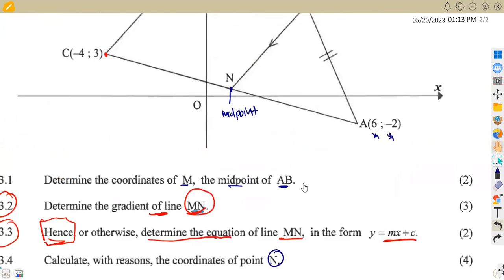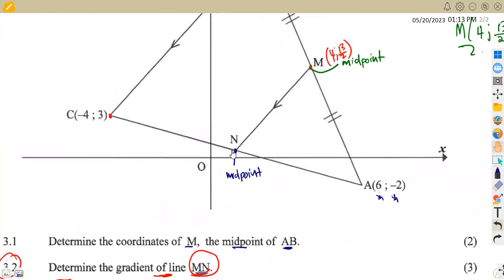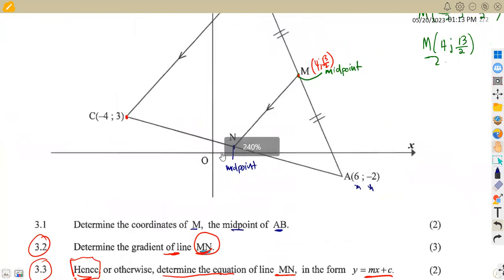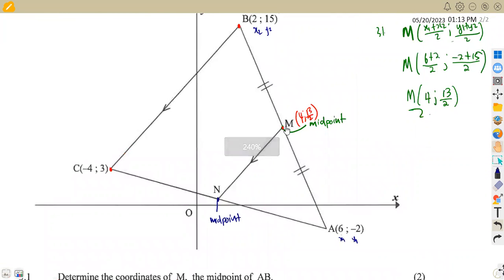I said n simply represents the midpoint. Remember here we are given the point m, which is the midpoint from the line BA. But here being parallel to this line, it means also n is a midpoint.